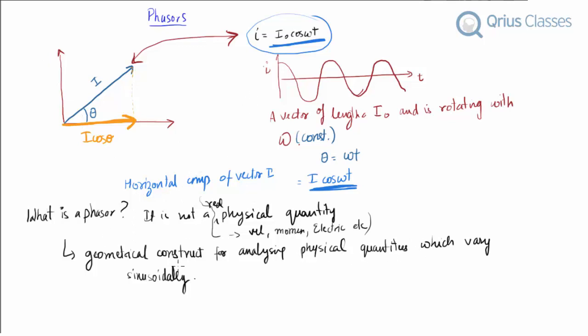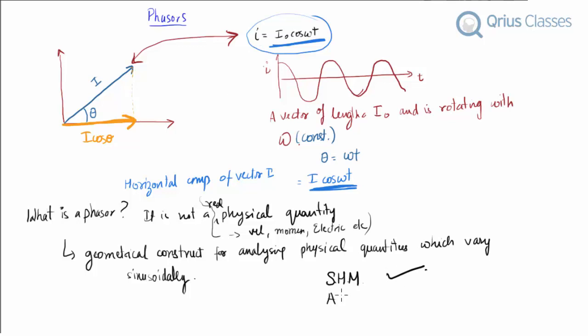which vary sinusoidally, right? And what phenomena which we regularly see have these sinusoidally varying quantities? There's SHM. In SHM, the motion of the particle varies sinusoidally with time. So we can say that in SHM we can employ our phasors.